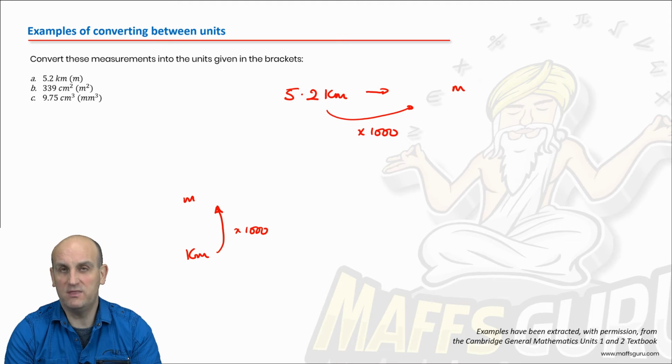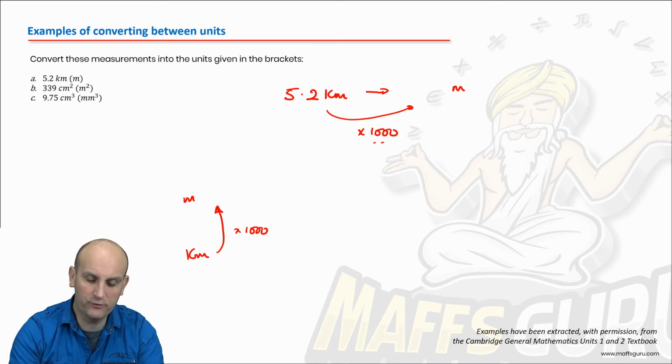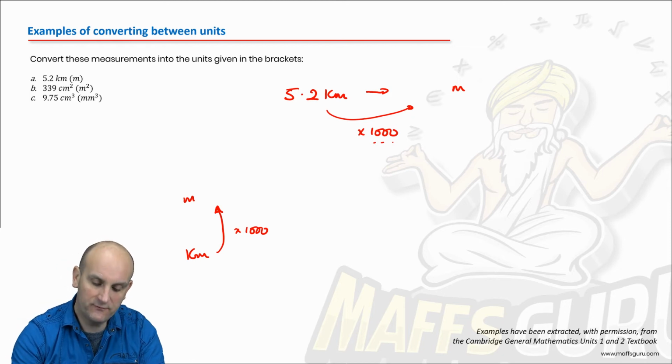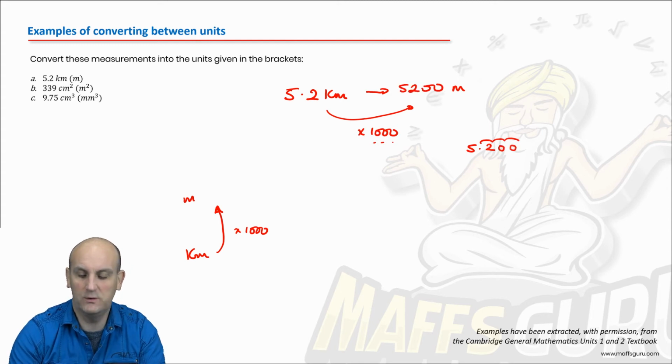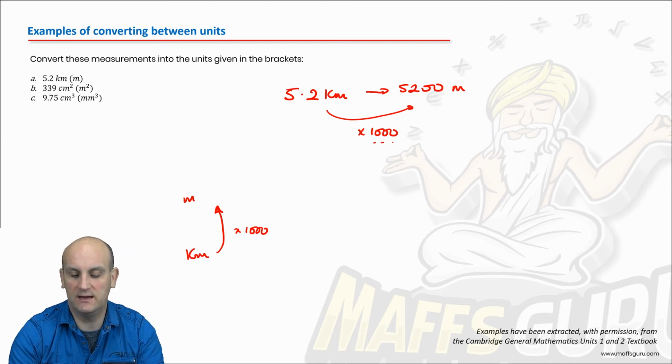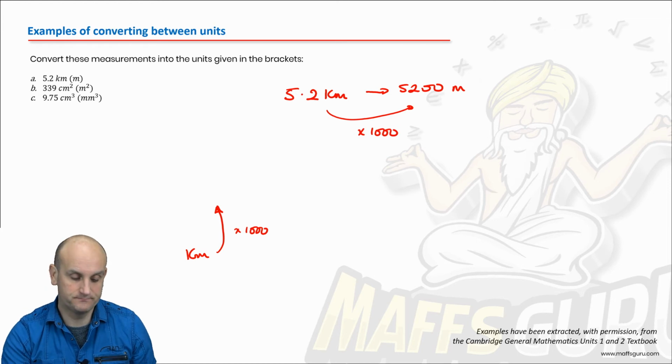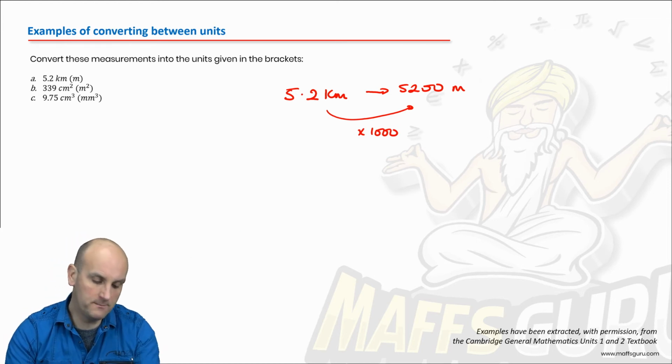Well, multiplying by 1,000, you just jump the decimal point 3 places. Why? Because I've got 3 zeros. And so if I have, doing my working out, 5.2, I'm going to jump it 1, 2, 3 places. There's a 0 and a 0, which gives me 5,200 meters. Now, of course, you can do this on your calculator just by typing it in. Perfectly acceptable.